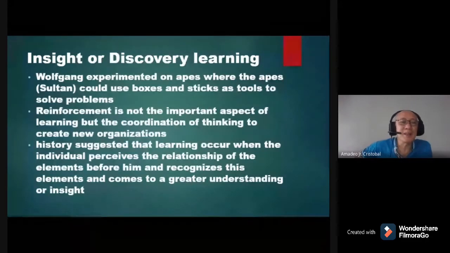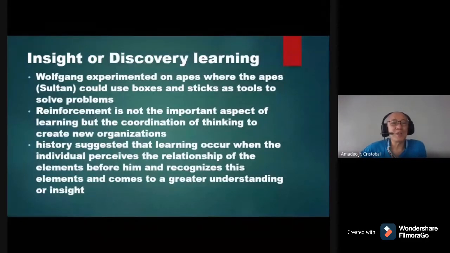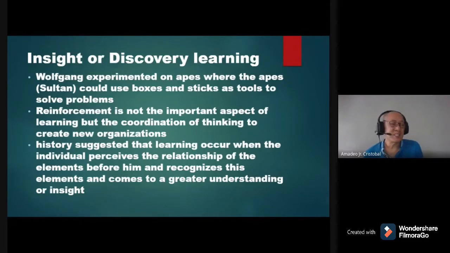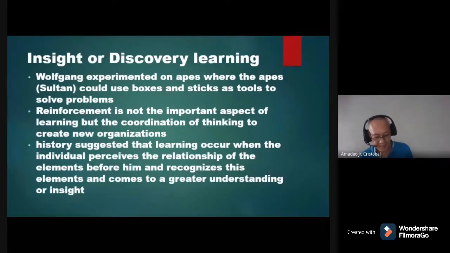So reinforcement, according to the Gestalt psychology, is not the important aspect of learning, but the coordination of thinking to create new organizations. So the Gestalt psychology is disagreeing with the reinforcement theory.